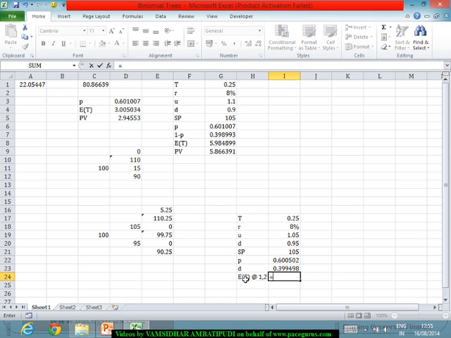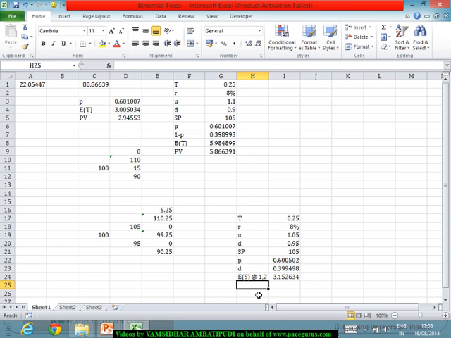So at 1 and 2, if I am looking at the expected value, it is up probability multiplied by up payoff plus down probability multiplied by down payoff. So obviously this is working out to 3.15.